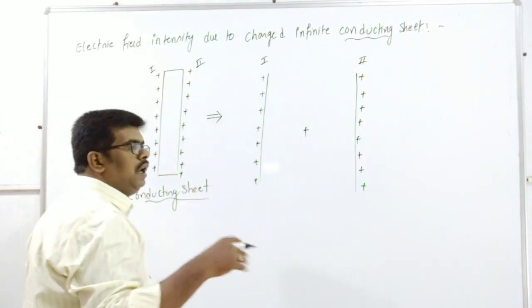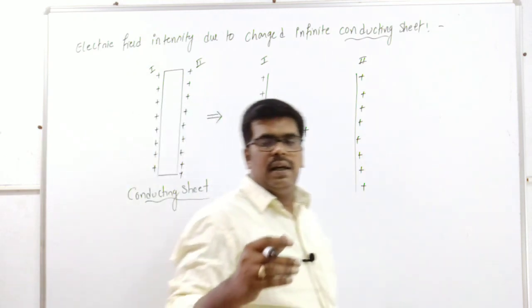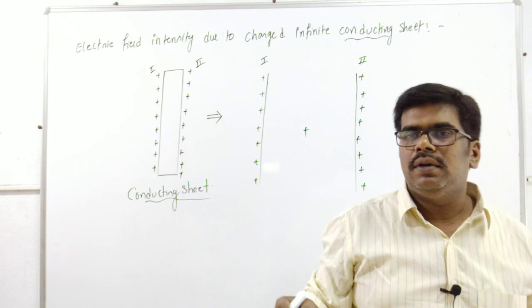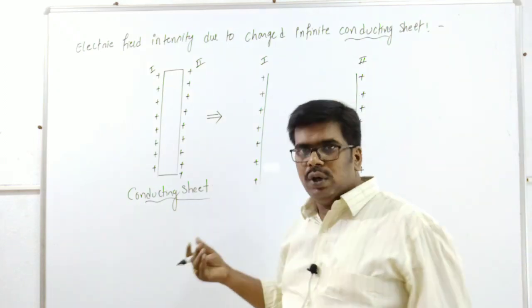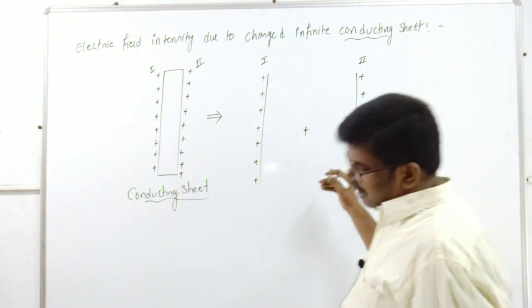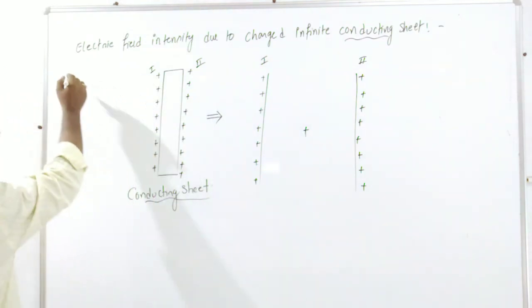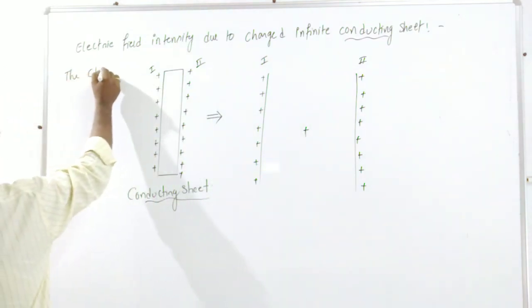Like that, if you take any conducting sheet, it is nothing but a combination of two non-conducting sheets. Already we discussed that the electric field intensity due to a non-conducting sheet, the expression is E equal to sigma by 2 epsilon naught. So here the charge density is given as sigma.